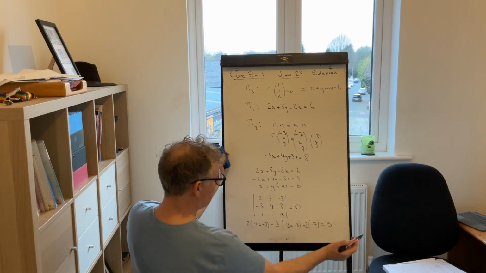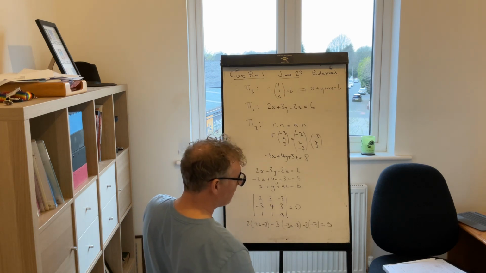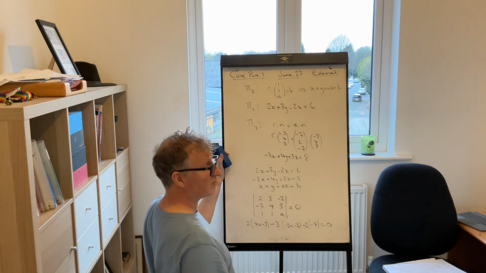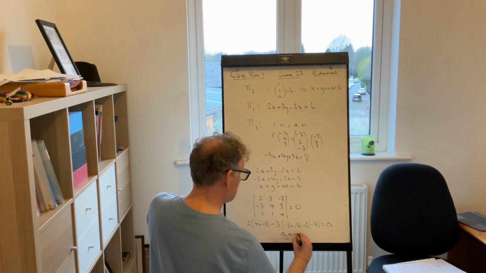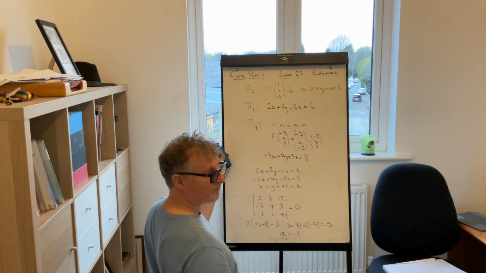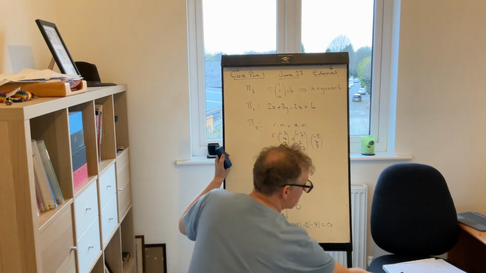So there we've got a nice equation that we can work through and we can find out what a is. Great. So we've got a particular value, and that gives us a = -1.